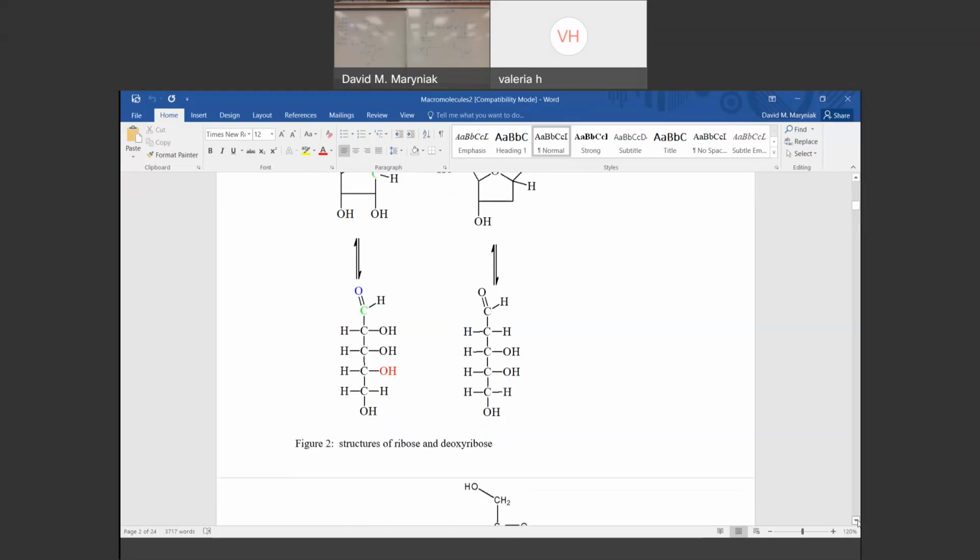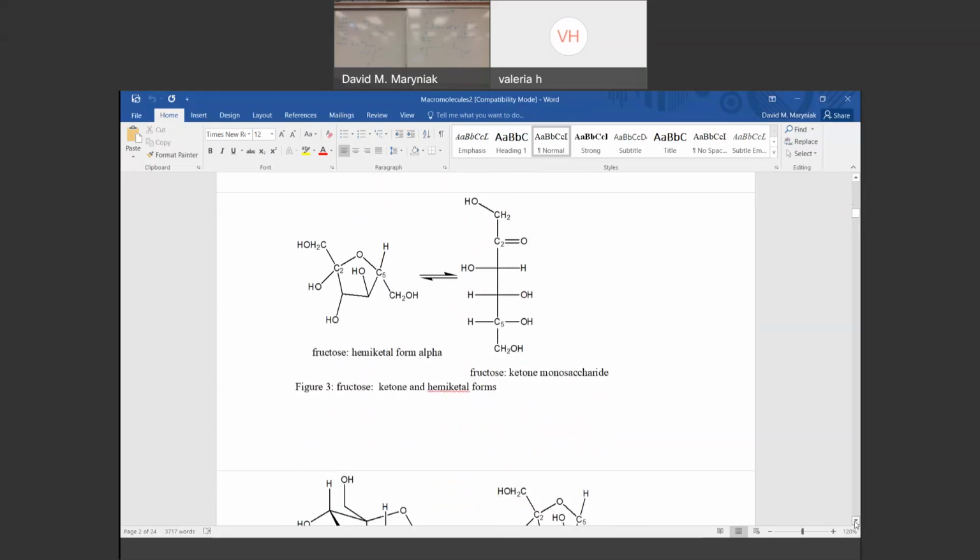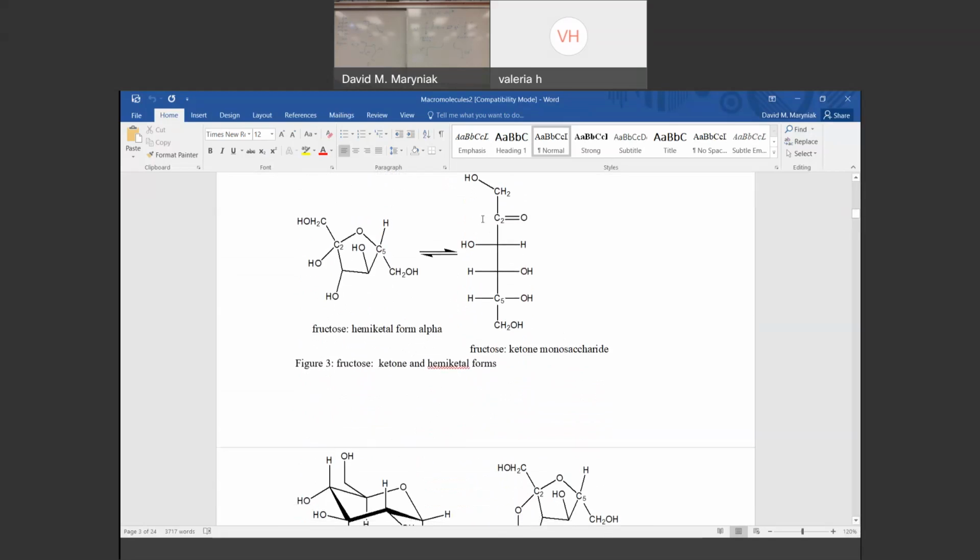And then lastly, fructose is not an aldehyde at all. It's a ketone, and the ketone obviously has to be on carbon number 2. And that carbon number 2 in the cyclic version is right there. So is it again the C5OH that wraps around and cyclizes?